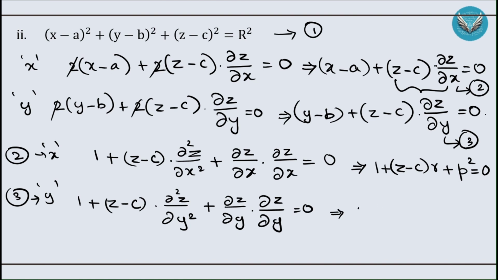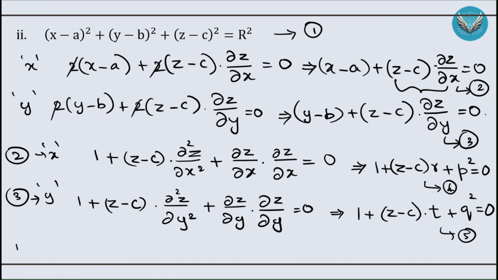So this gives again 1 plus (z minus c) into t, where dou square z by dou y square is t, plus q square is equal to 0. Let us mark these as equation 4 and equation 5.